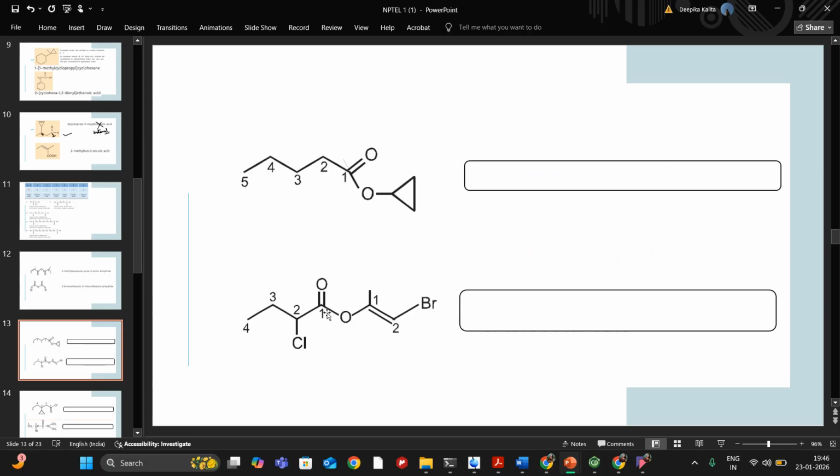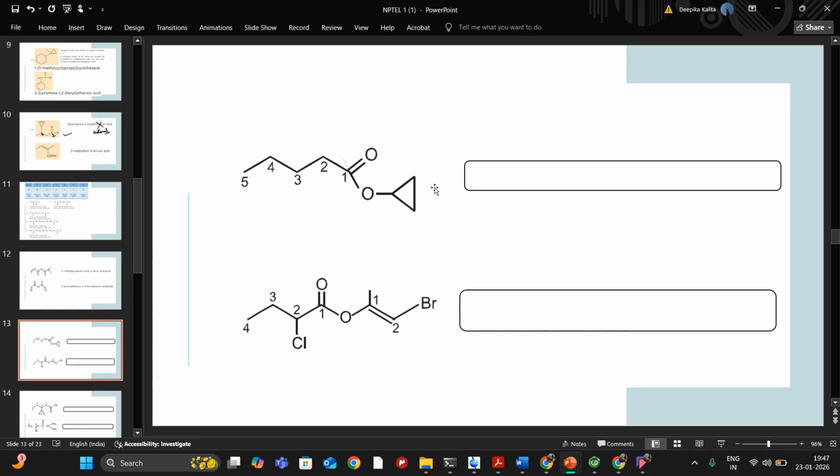After this, now we have an ester. This is the ester functional group present in the molecule. Here the functional group will be assigned the highest priority. The chain will start from here, hence if we count, it will be 1, 2, 3, 4, 5. And on the other side of the ester, we have a cyclopropyl substituent.